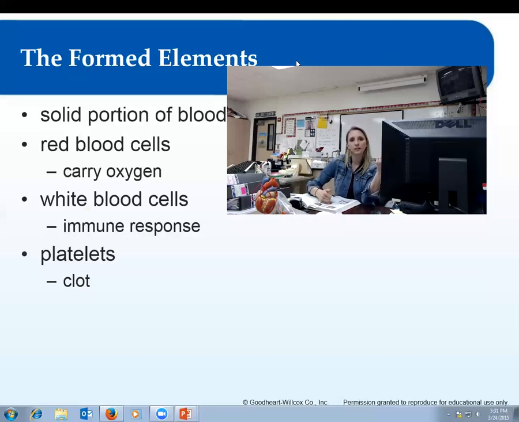Whenever it spins in the centrifuge, that's what happens. This one actually has gel between the plasma and the red blood cells. Because of its density, the gel will be between the plasma and the red blood cells, so you'll see they're separated so they can check what they need to check.